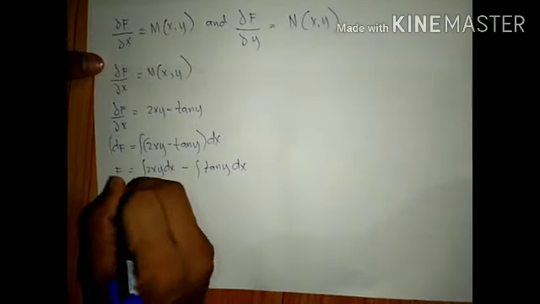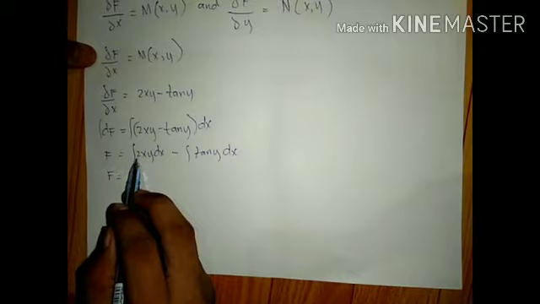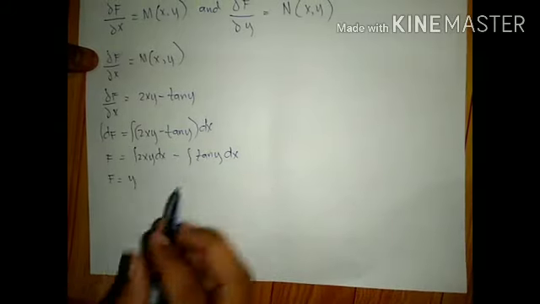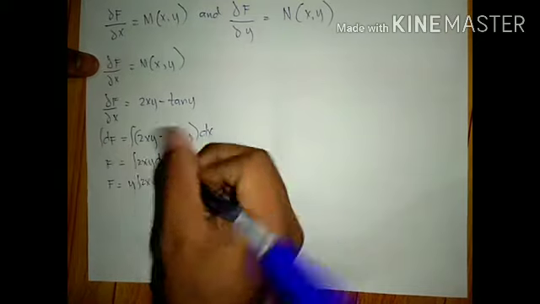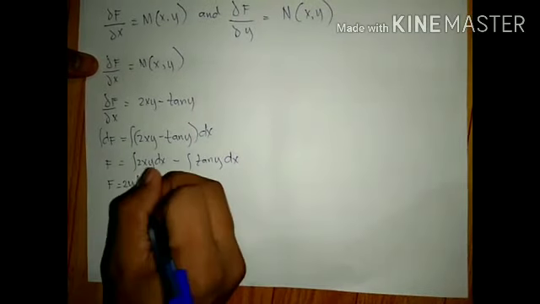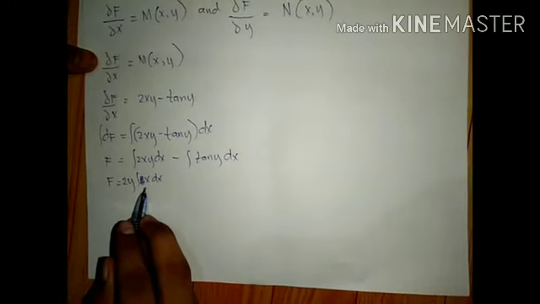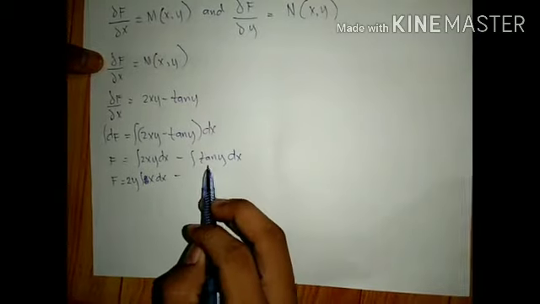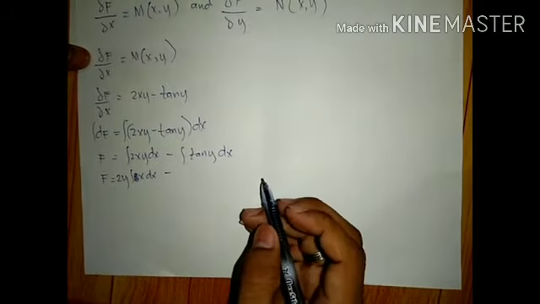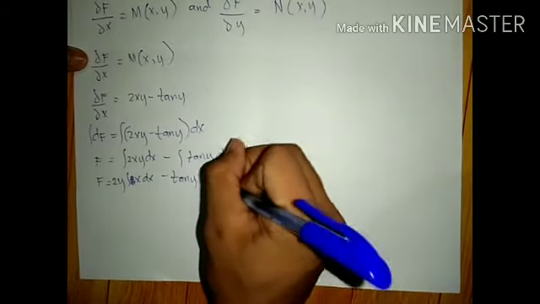So we integrate. For f, we take out the constant. The constant here is y. So what is left is the integral of 2x dx. The 2 is a constant, so we take it out. It's 2y times the integral of x dx, minus tan y, which is also a constant, so what is left is dx.